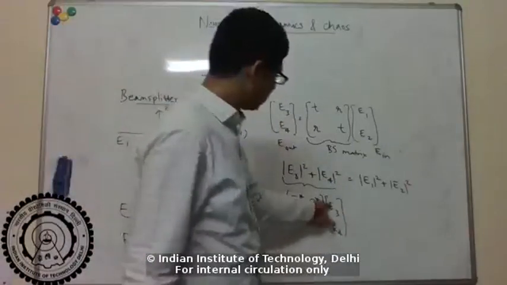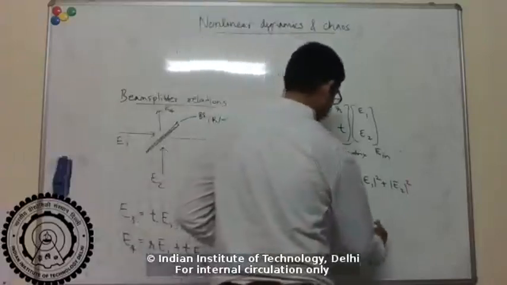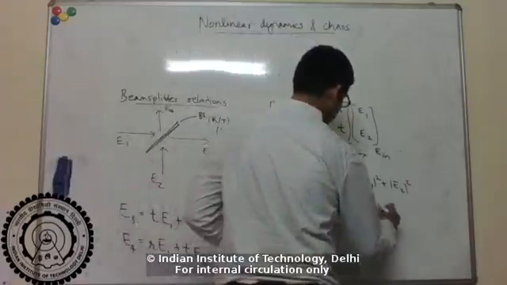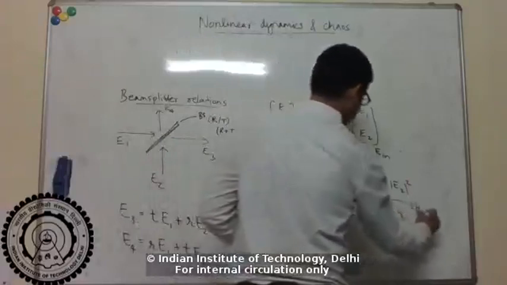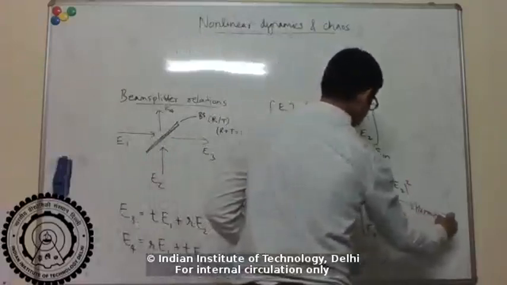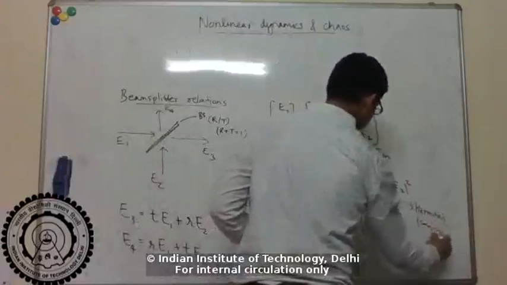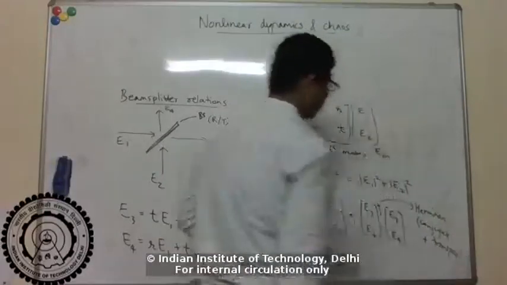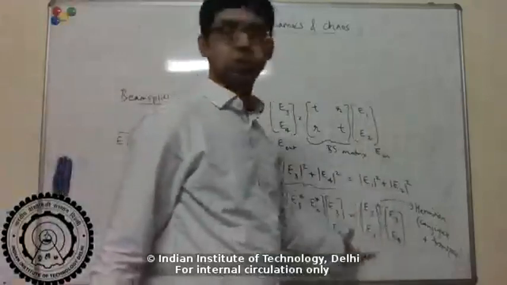This is the conjugate transpose of this, which is also known as the Hermitian. This sign denotes Hermitian. It just means conjugate transpose. When you take a Hermitian of a matrix, you take conjugates of all the elements and then transpose.